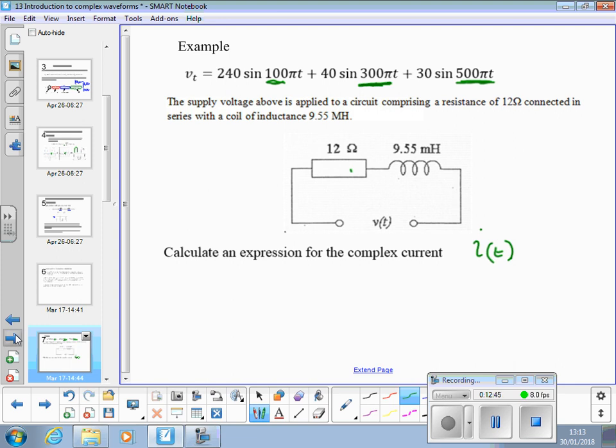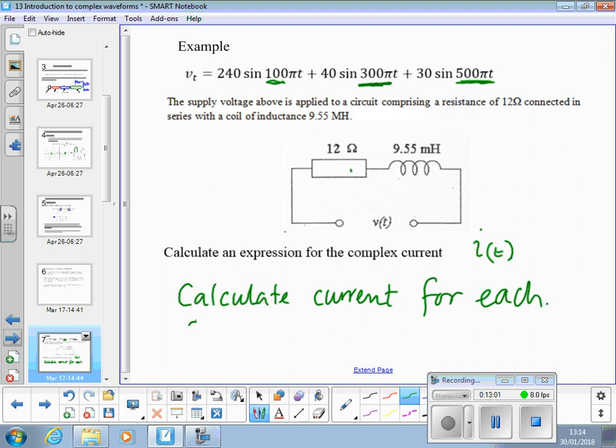Okay. What we can do is calculate the current for each component separately.